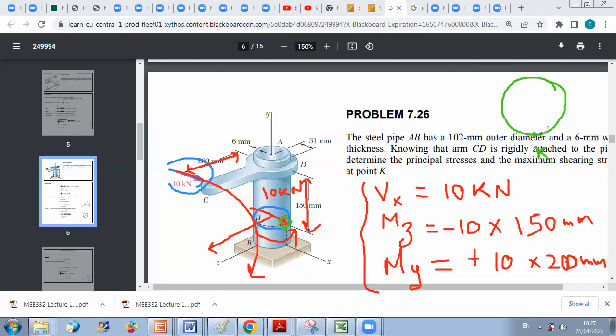And this is my element. I can represent my axes. So this is the X axis, which is this. And the Z axis is like this.